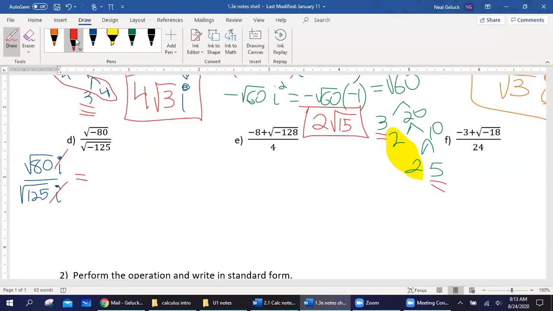So another method I could use is to simplify the top and the bottom. Root 80, if you do your factor tree, becomes 4 root 5. Root 125 becomes 5 root 5. The root 5s can cancel, and I'm just left with 4/5.